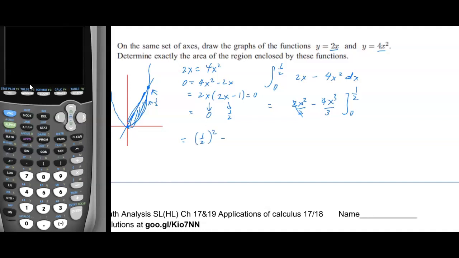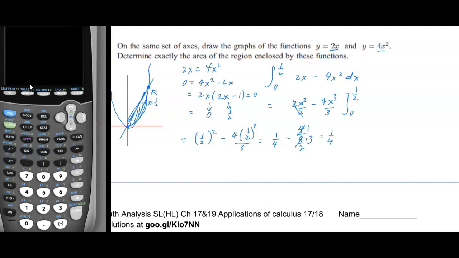1/2 squared minus 4 times 1/2 cubed divided by 3. 1/2 squared is 1/4. 4 times 1/2 cubed would be 4 divided by 8, divided by 3, so that would be 1 over 6.